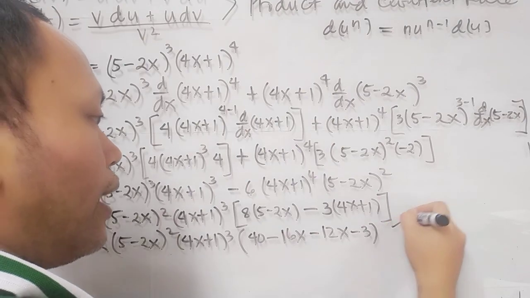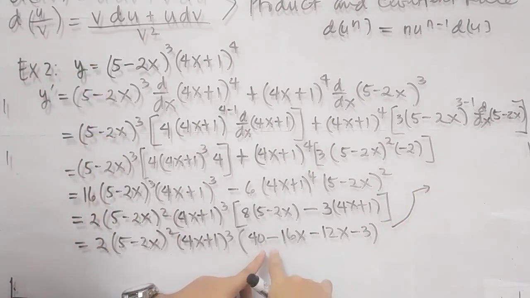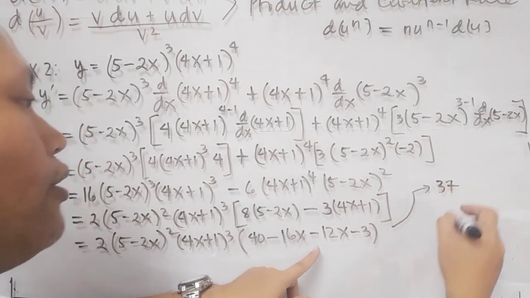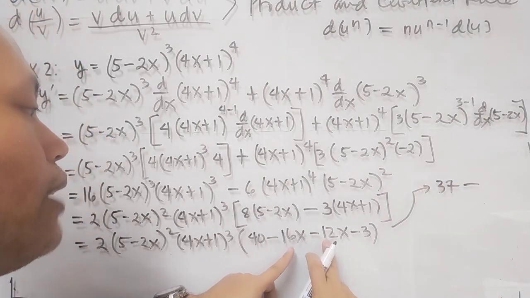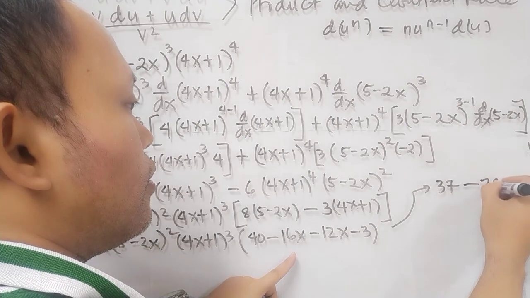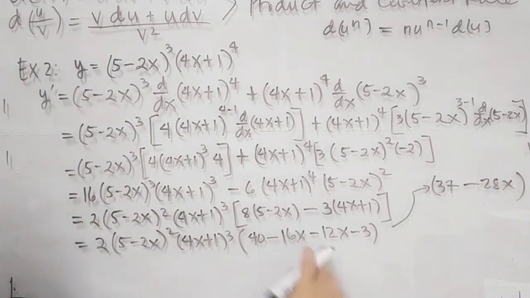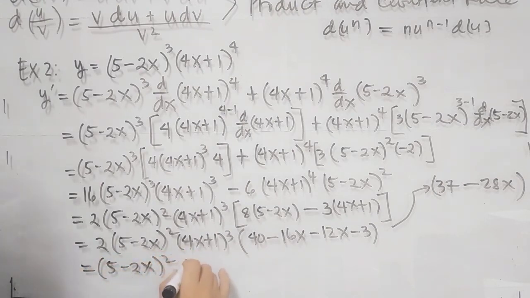This is equivalent to 40 minus 3, that is 37, minus 16x minus 12x, that is 28x. That is the equivalent for this group. So I will write this first: 5 minus 2x raised to 2, and then 4x plus 1 raised to 3.